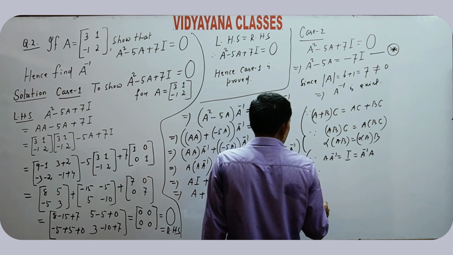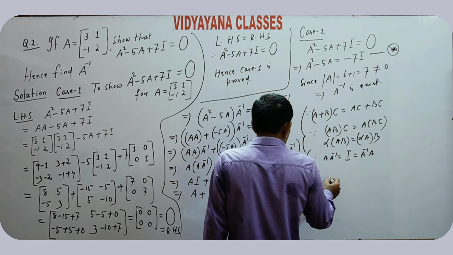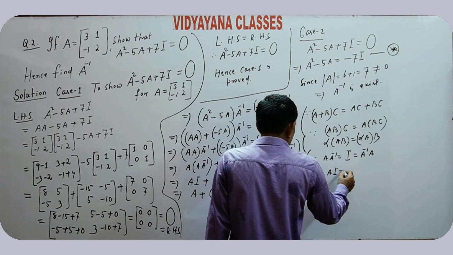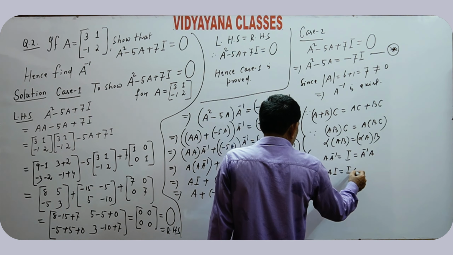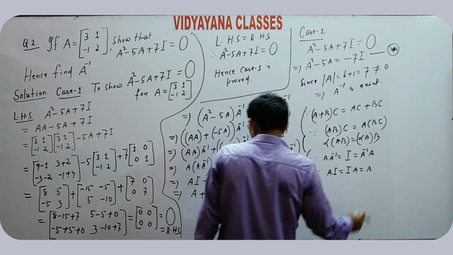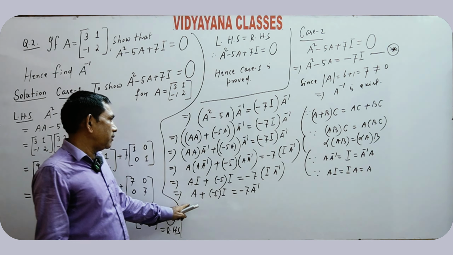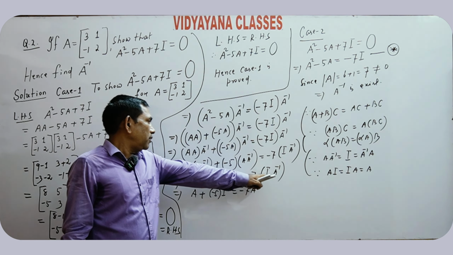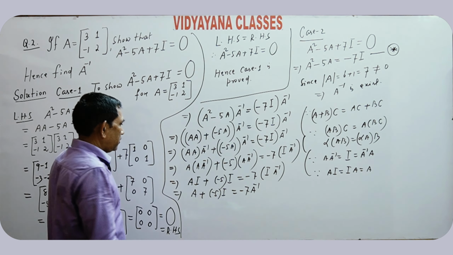Since A into I is equal to I into A is equal to A, this can be written as this.